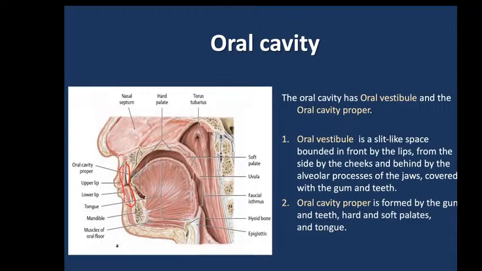This is the oral vestibule, and it is located between teeth, cheeks, and lips. This is really like a small slit rounded around the jaws and around the gums and teeth.